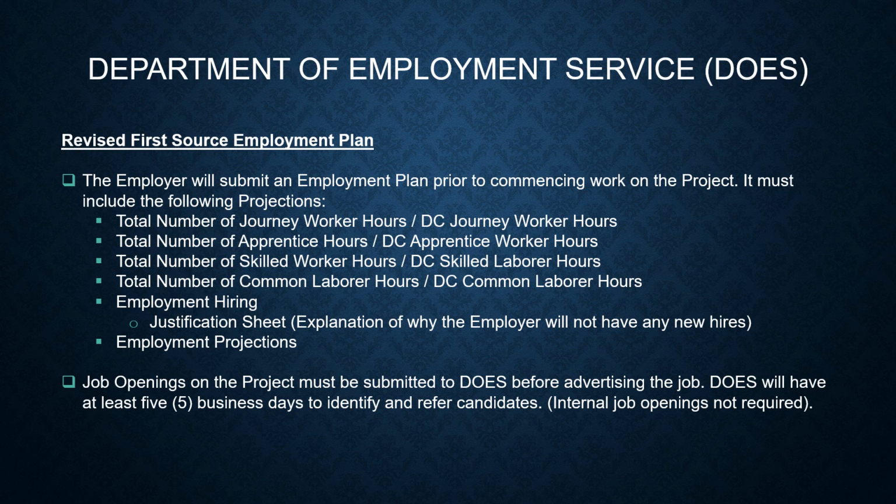All job openings that are submitted on DC Networks must be there for at least 5 business days to allow DOES time to identify and refer qualified candidates to you for those positions. Internal job openings are not required. Those are positions for your admin staff, management, accounting, or any professional services.